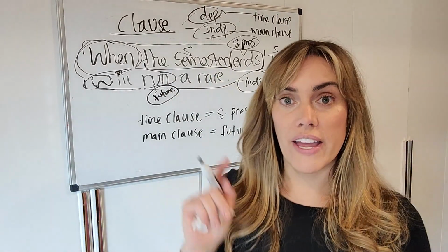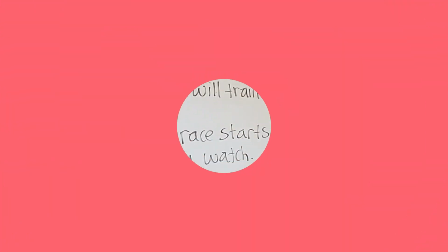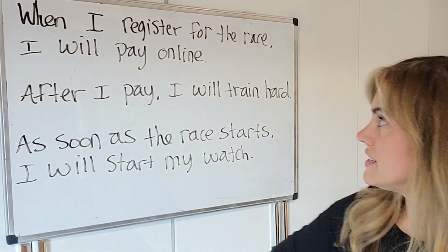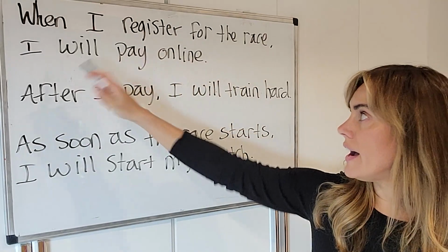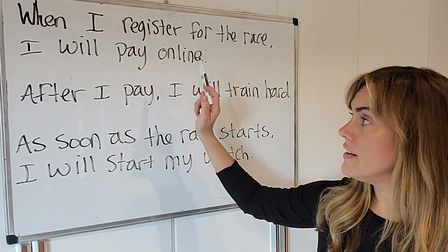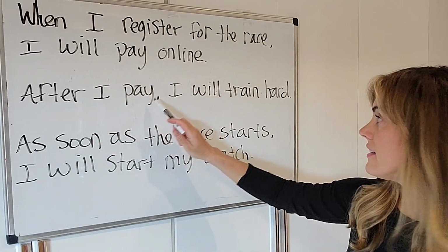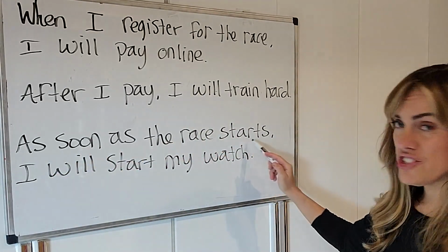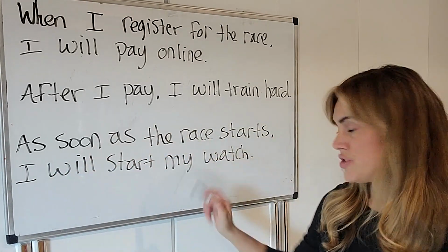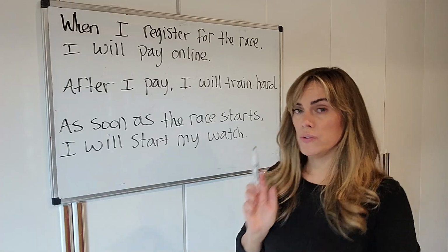Okay, now let me give you another example. So let's take a look at these examples. When I register for the race, I will pay online. After I pay, I will train hard. As soon as the race starts, I will start my watch.